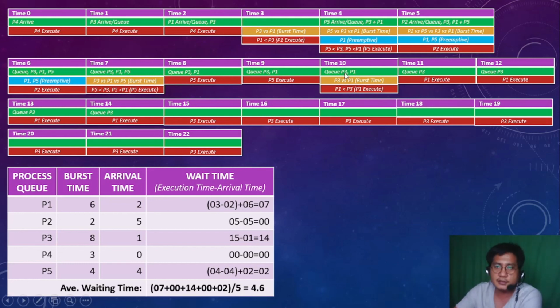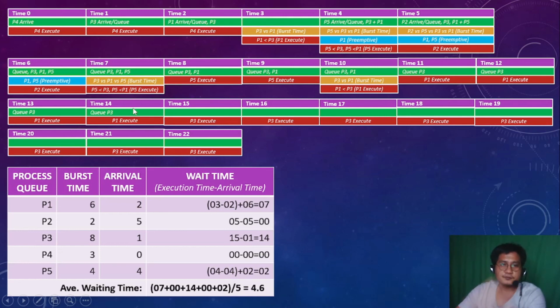So in this time 10 slice, P1 will be executed by the central processing unit, while P3 will be put back into the queue. So from time slice 10, process 1 will be in execution until time slice 14. Now, if we count that, we have time 10, 1, 2, 3, 4, 5. So we have 5 since P1 has 5 remaining time slices for execution.